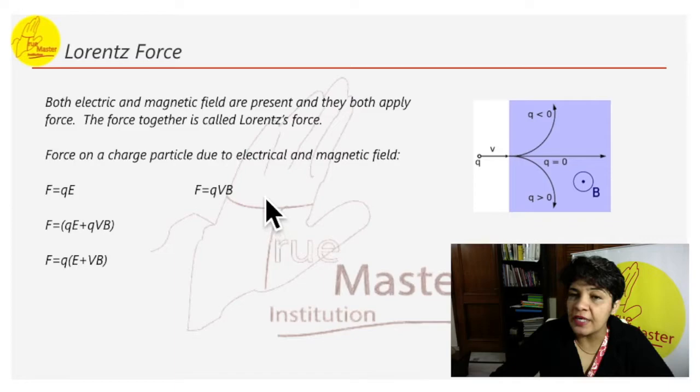We have already derived these formulas. So as per the Lorentz, the total force will become F equals QE plus QVB, and taking Q as common outside, it can be written as F equals Q bracket E plus VB.